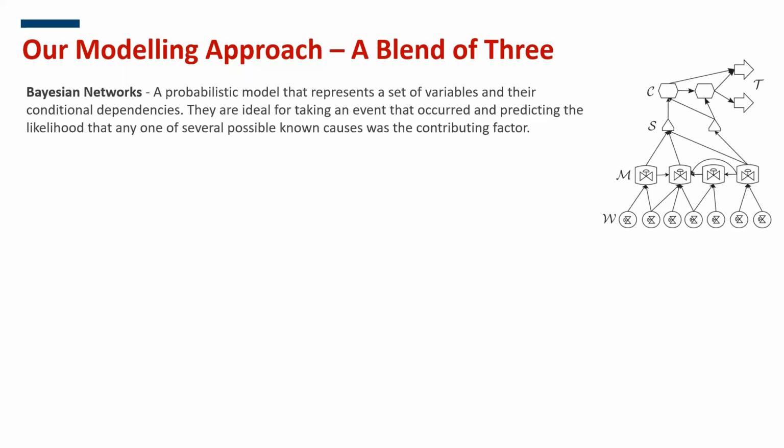But just to give you an overview of what it does, it's a probabilistic model that represents a set of variables and their conditional dependencies. So effectively, it's modelling complexity. It's modelling the correlation between the inputs, in our case, risks. So they're ideal for taking an event that's already occurred and predicting the likelihood that one of several possible causes was the contributing factor.